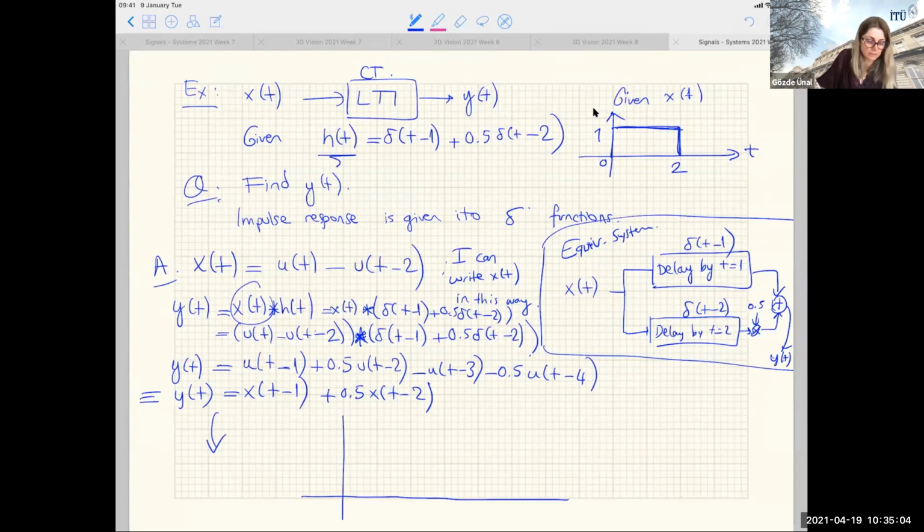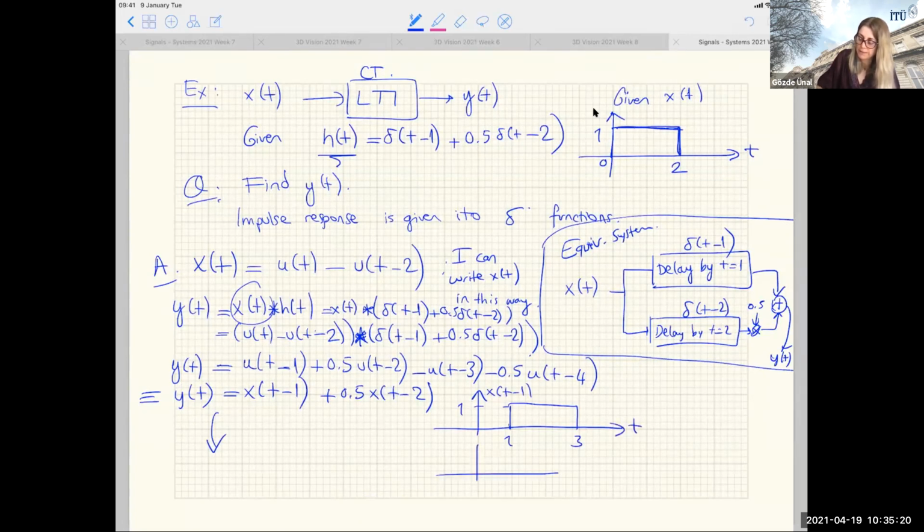x of t minus 1. So guys, x of t minus 1 is x shifted by 1, right? 1 to 3, this is x of t minus 1. Now, we have 0.5 x of t minus 2. That would be really here, 2 to 4. It's 0.5, right?